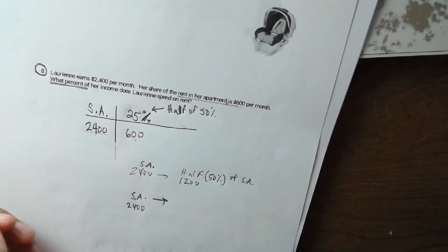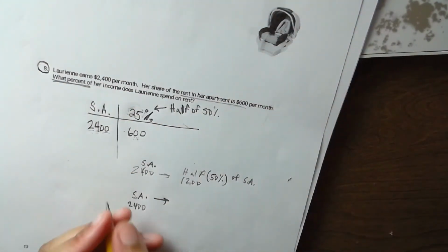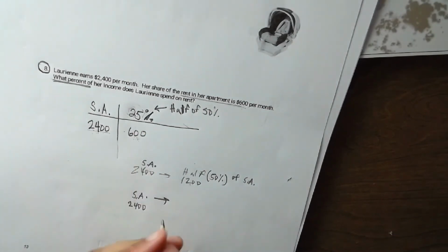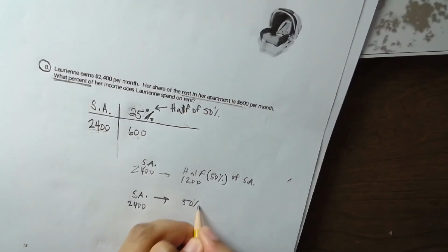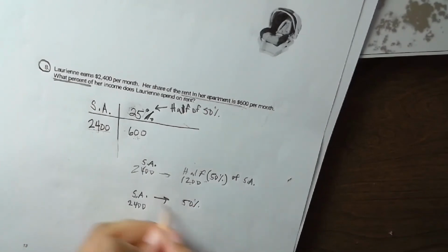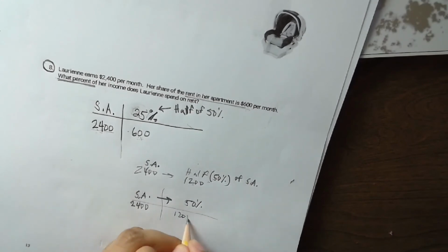Isn't that what we said 25% means from phase 1? To find 25%, we find 50% first, which we already did: 50% of that starting amount is 1200.